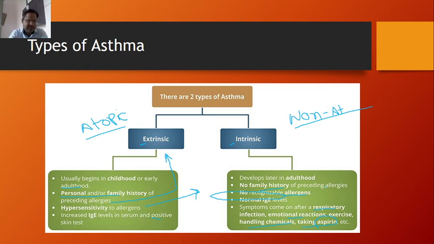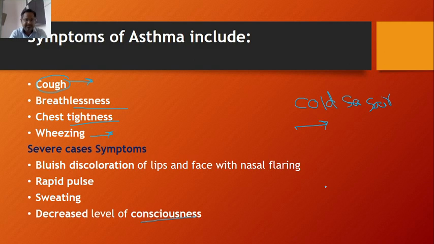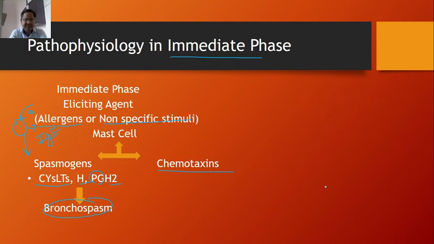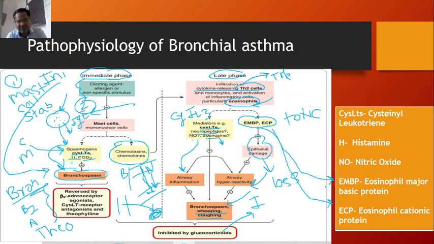An important point to remember is that there is an increased IgE level in extrinsic asthma, and a normal IgE level in intrinsic asthma. So these are the symptoms of bronchial asthma, and the very important one is the pathophysiology of bronchial asthma. If you understand this, you can clearly understand the targets of drug action in bronchial asthma.